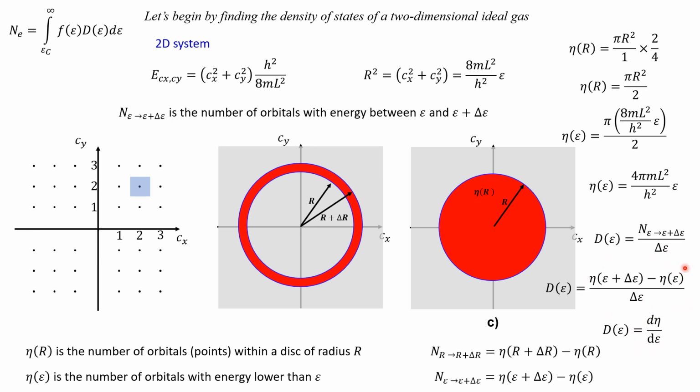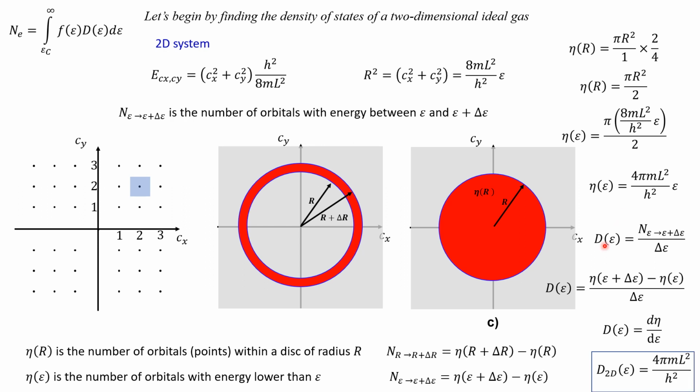This expression reduces to this derivative. We already have an expression for eta, it's this function here. So all we need to do is to derive this function with respect to the energy. That's very straightforward and gives this expression here for the density of states of a two-dimensional system.